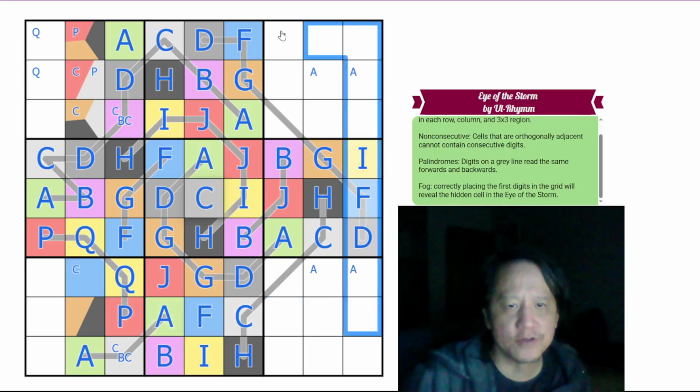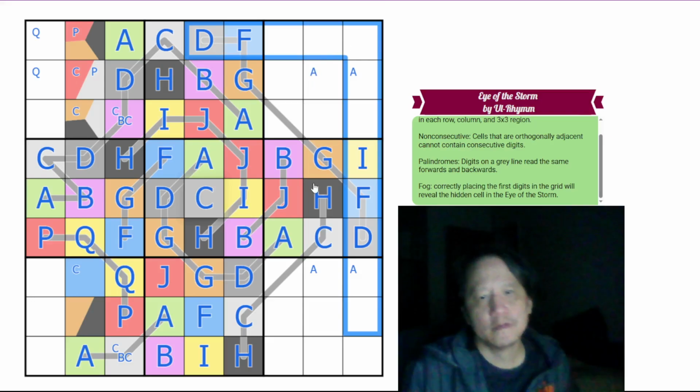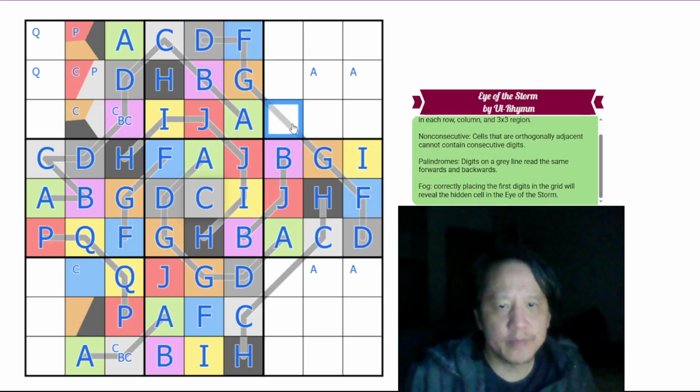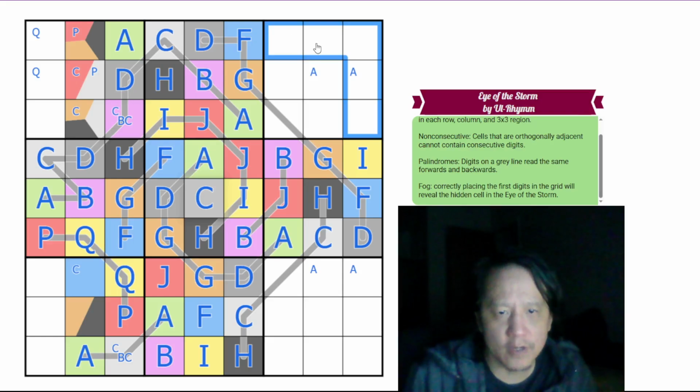So far, this is looking fine. F cannot be here, because that's next to B. And it cannot be next to P either, or J, whichever one you want to call it. So F can't be here. F can't be here.